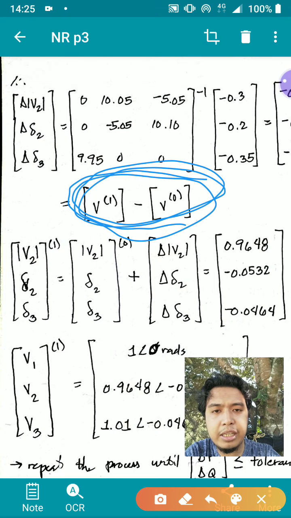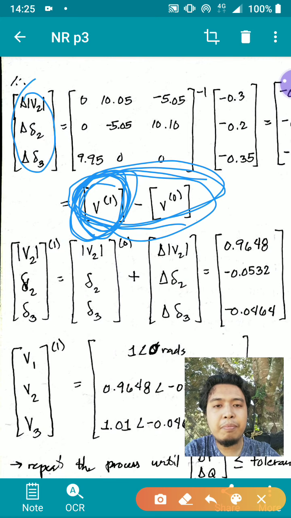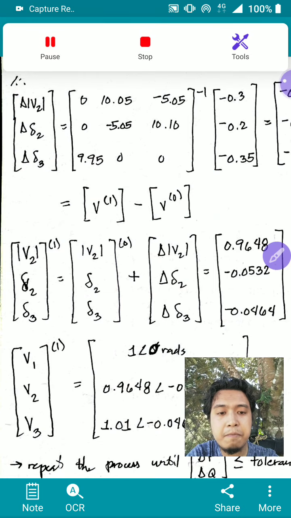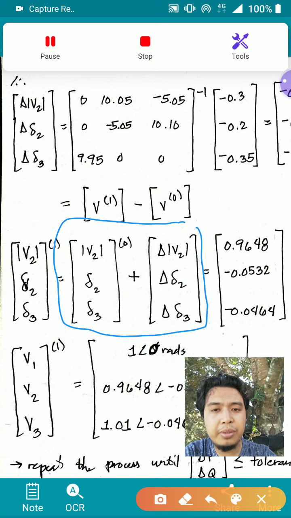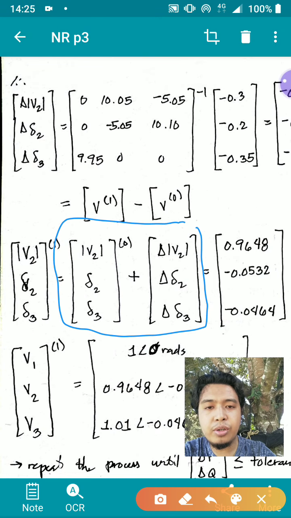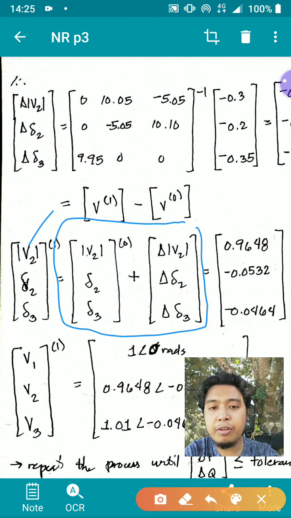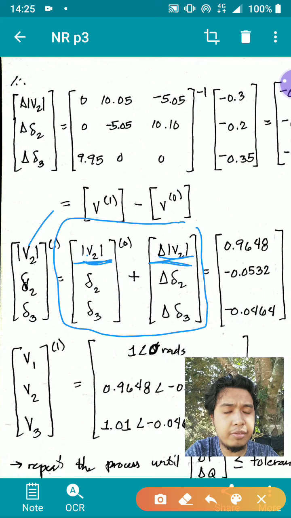Therefore you can get the value for the first iteration by getting this plus the previous iteration, which is this equation right here. So the voltage magnitude on bus 2 on iteration 1 will be the bus 2 magnitude on iteration 0 plus the change delta V2.